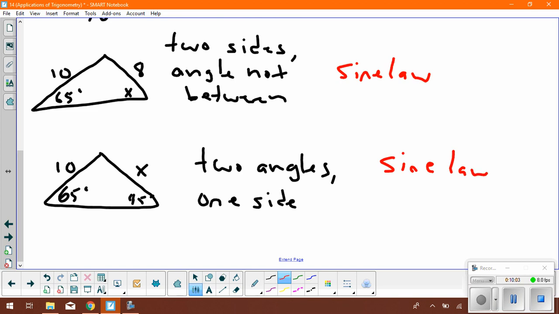Even if I have the wrong angle, like if I move this one up here, again, I can just use the fact that the angles add to 180 to get the other one. So again, that's going to be a brief summary and guideline of how to decide which triangle is which.